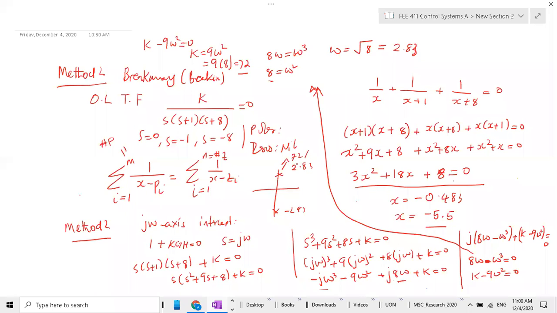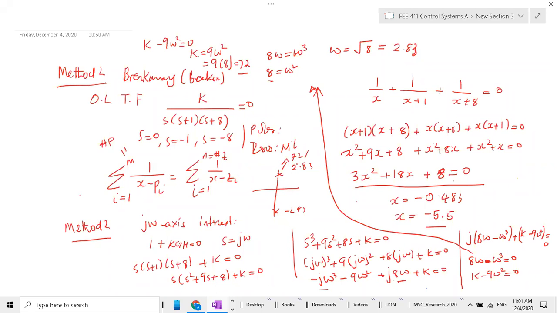Hello? Page 15 of the notes. Page 15. Yes, the equation given. Okay. Yes, the one where we say consider a unity feedback control system with the following feed forward, right? Yes, madam. It's the PPT one.